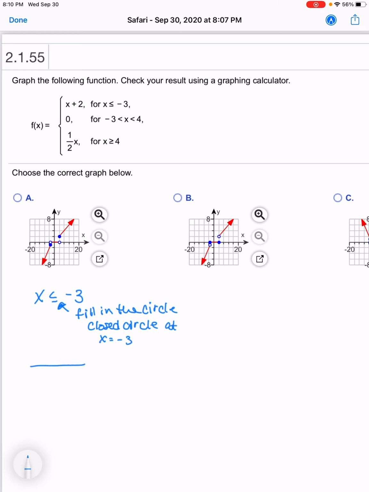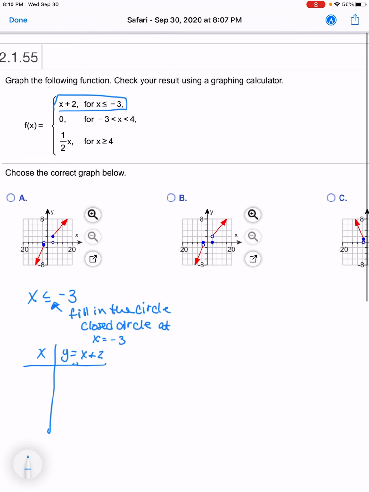So we're going to create a t-chart where we have our x values, and then we have our y values, where y is x plus 2, because that's the function part that corresponds with x less than or equal to -3. We want to use that endpoint of -3, and then we want to choose one more value.